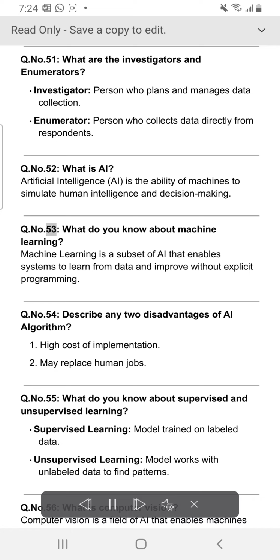Q. Number 53. What do you know about machine learning? ... May replace human jobs.